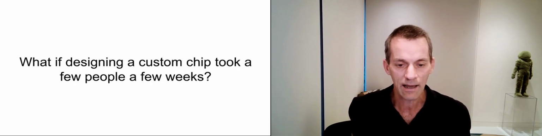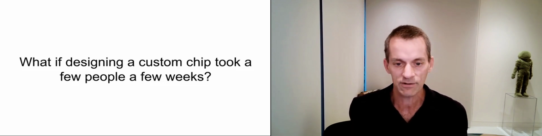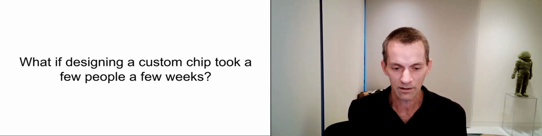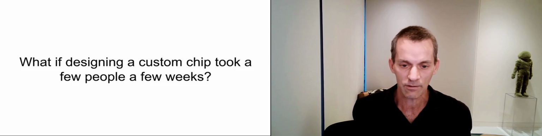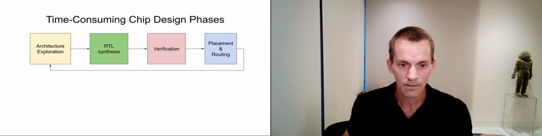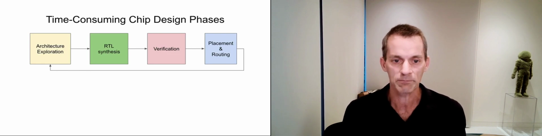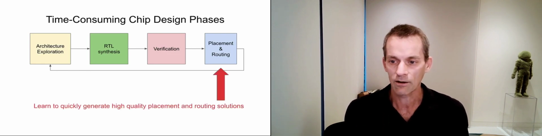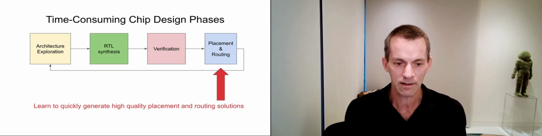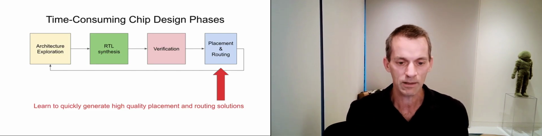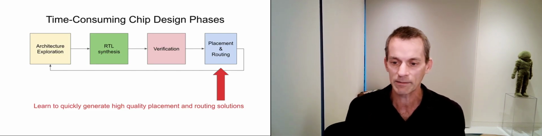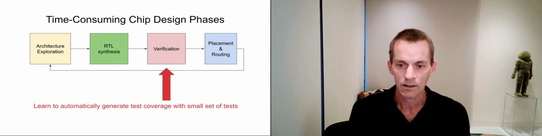And that would mean we would have much more specialized hardware than we have today, because the sort of investment you need to make to get specialized hardware is much, much smaller, and so on. And really, there are lots of time-consuming phases of chip design, but let's talk about a few of them. First is placement and routing, and we think, and I'll demonstrate that we can learn to quickly generate really high-quality placement and routing solutions.